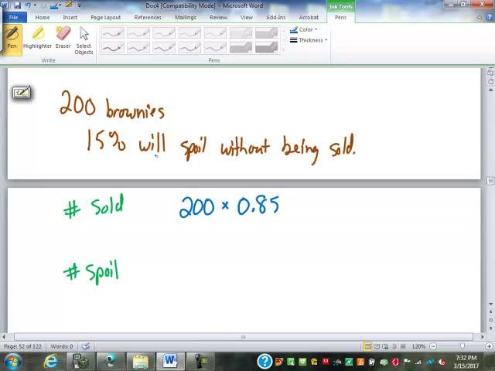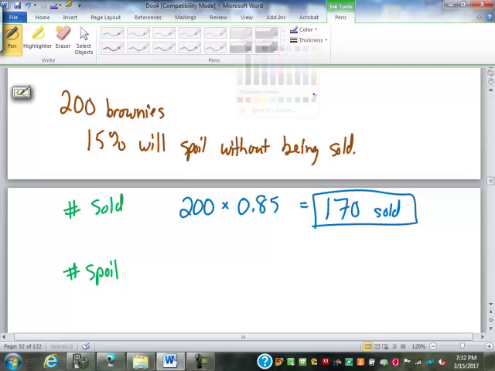Very good. 100 minus the 15 gives us 85. So it's 200 times 0.85 is 170 brownies are sold. Now I could just subtract from the 200, but 15% spoil, so 200 times 0.15 is 30. That's spoil.